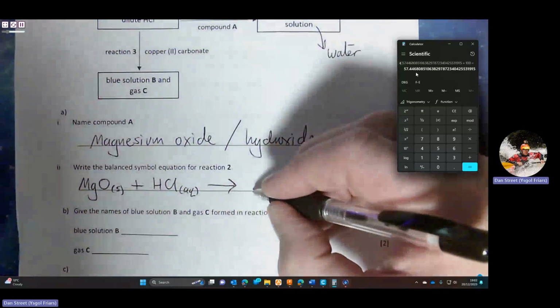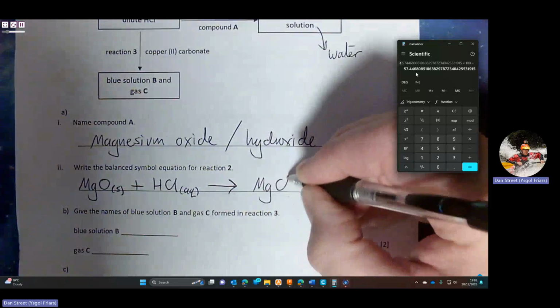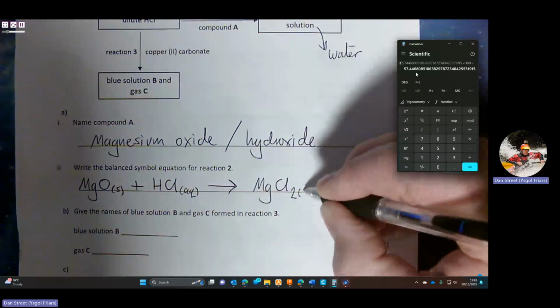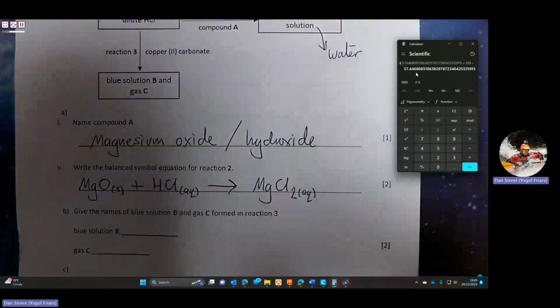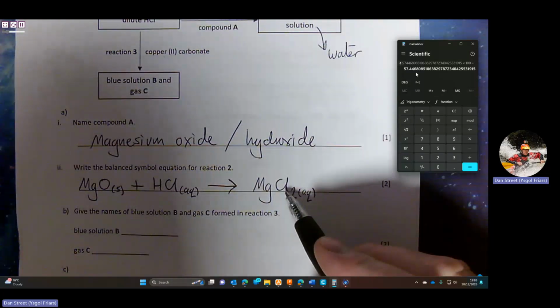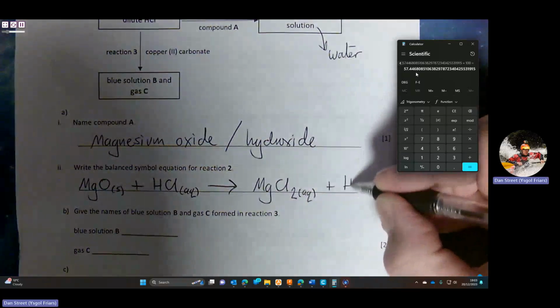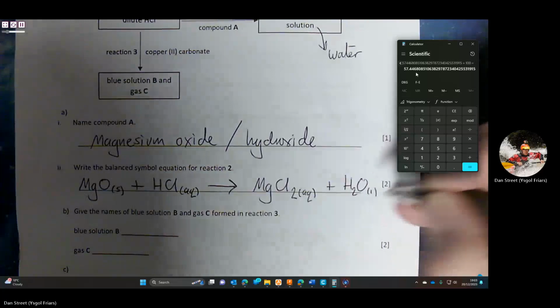And that's going to make magnesium chloride. Now, magnesium chloride is MgCl2, because if you had access to an ion table, you would know that magnesium is 2+, chloride is 1-, so you need two of these, and we're going to get water, H2O, which is liquid.